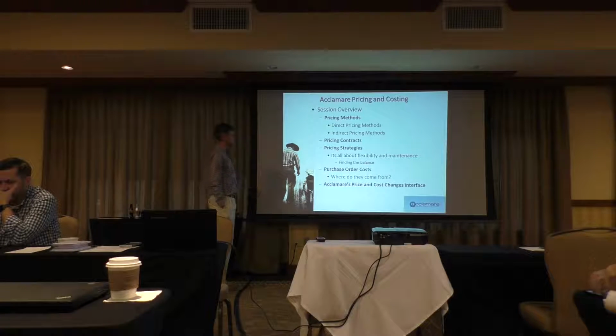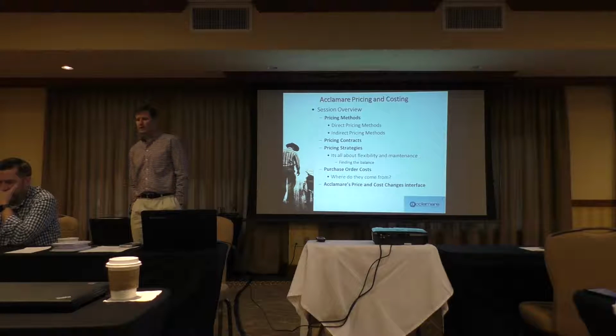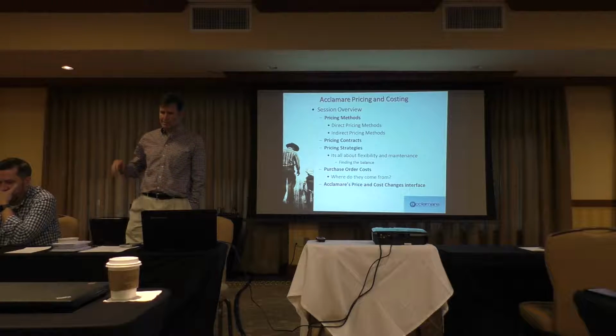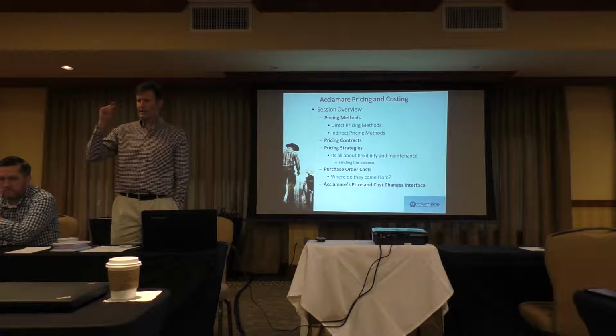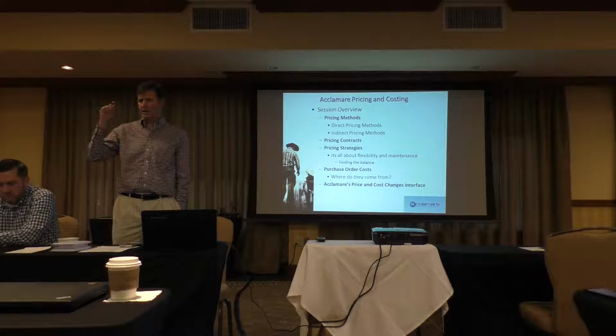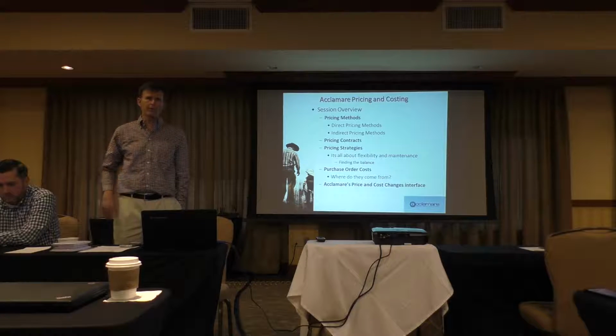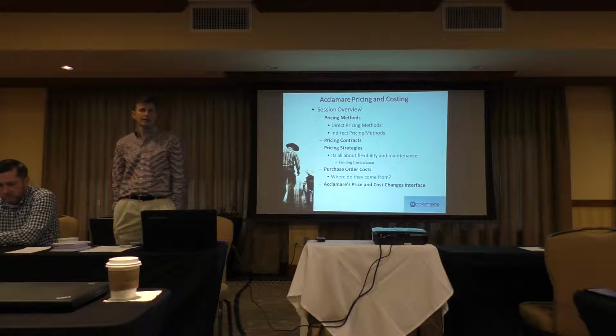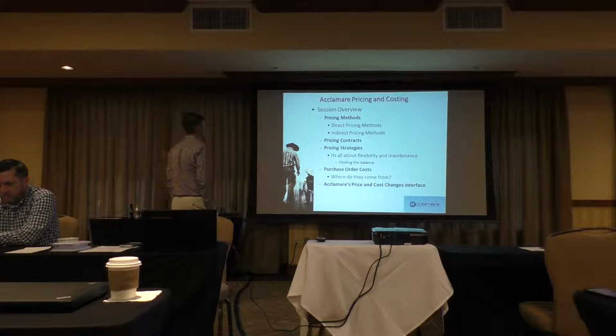So what we'll cover is the different methods that exist, both direct methods. When I say direct, I'm referring to things you can do that actually impact an item price on any given line on a quote or an order, whatever the circumstances are for your interaction with a customer.